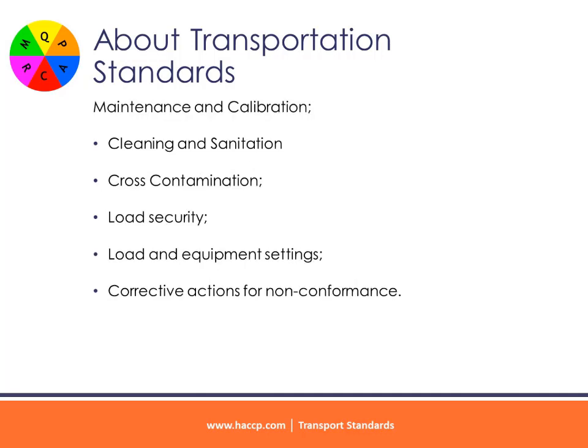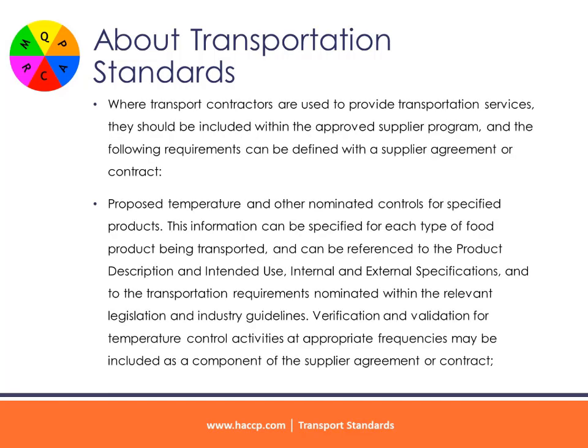Maintenance and calibration. Cleaning and sanitation. Cross-contamination. Load security. Load and equipment settings. Corrective actions for non-conformance. Where transport contractors are used to provide transportation services, they should be included within the approved supplier program, and the following requirements can be defined within a supplier agreement or contract: proposed temperature and other nominated controls for specified products.